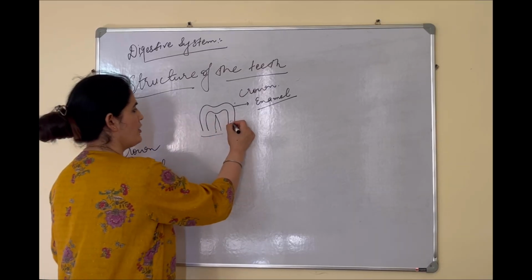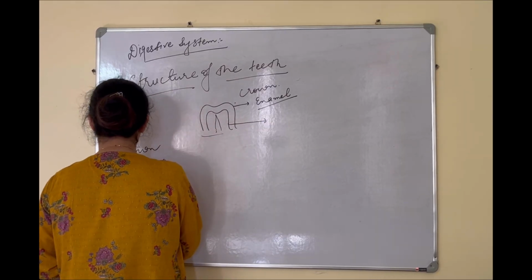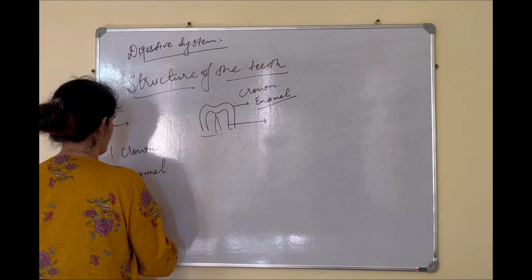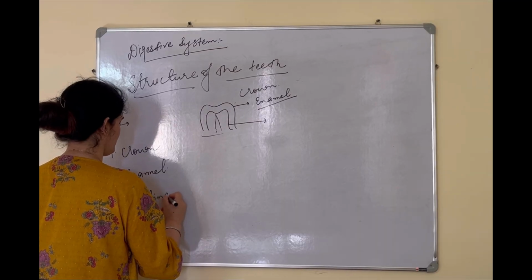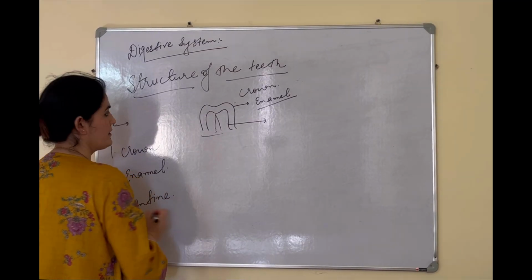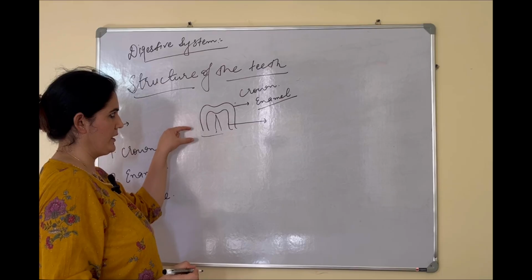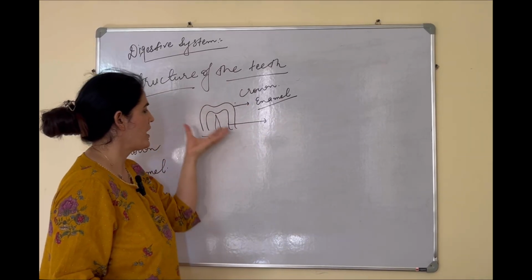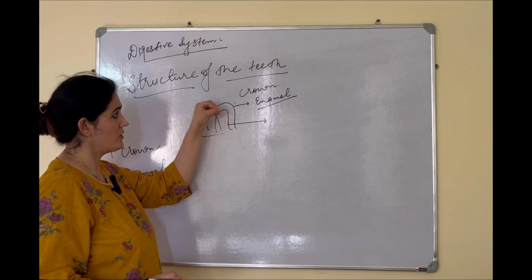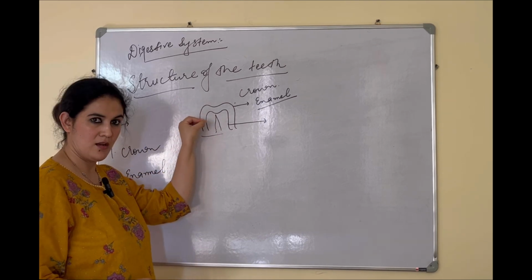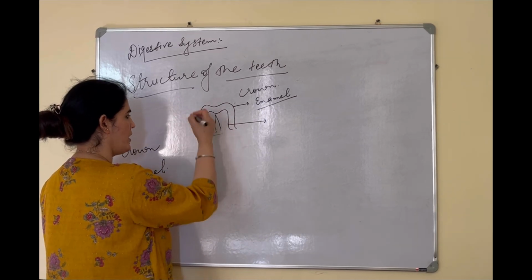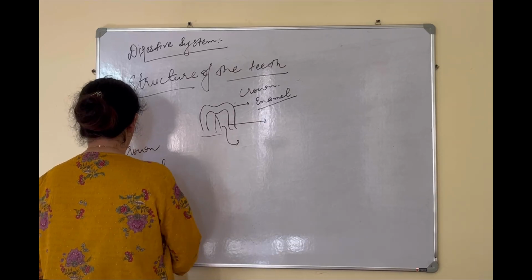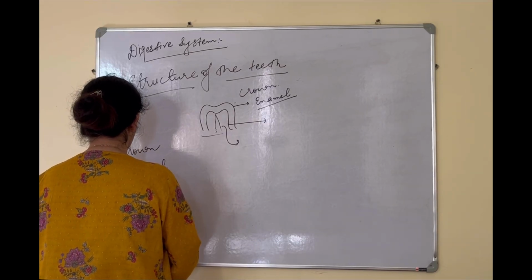And then the inner part next to enamel we have is dentine. So dentine is the third part, next to the enamel, which protects our tooth. And then on the inner side we have the soft part, which is pulp.